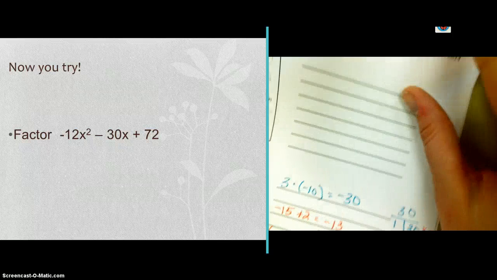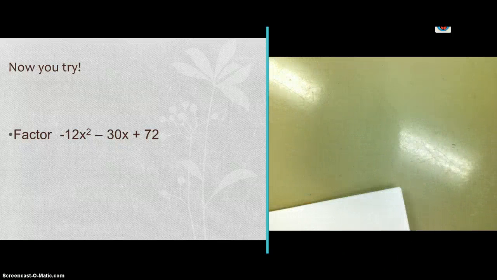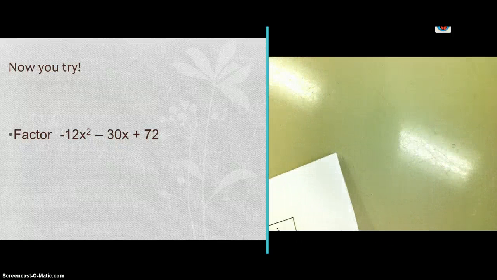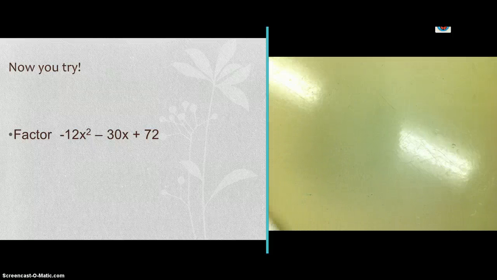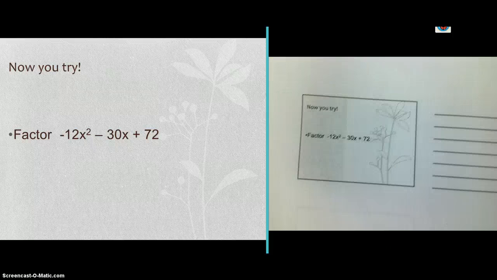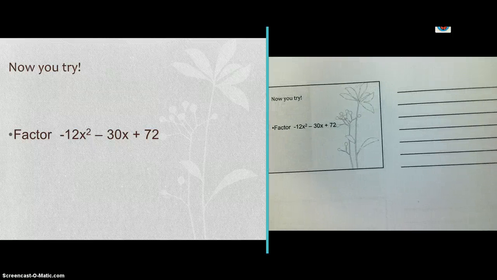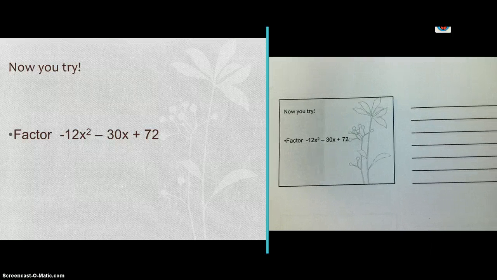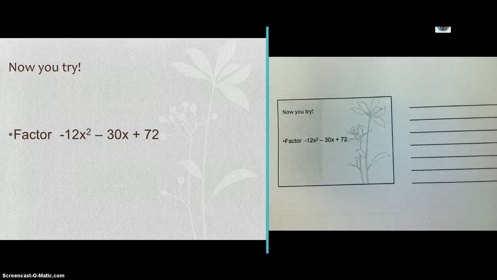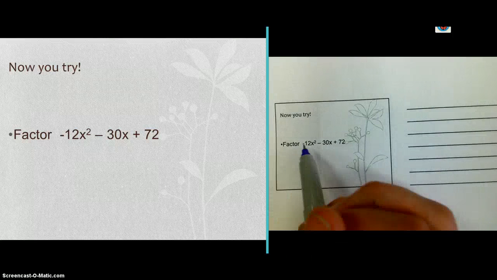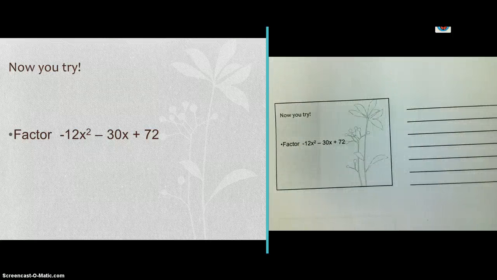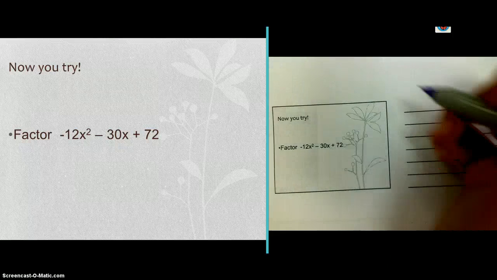Now you try one. Try negative 12x squared plus 30x plus 72. Okay, when I'm solving this, I first want to pull out a GCF. If you look really close to these numbers, you can see that they all have 6 in common. So because my a term here is negative, I'm actually going to pull out a negative 6.